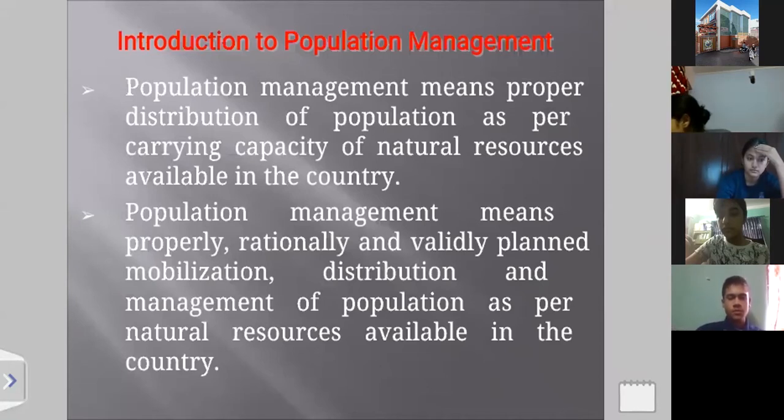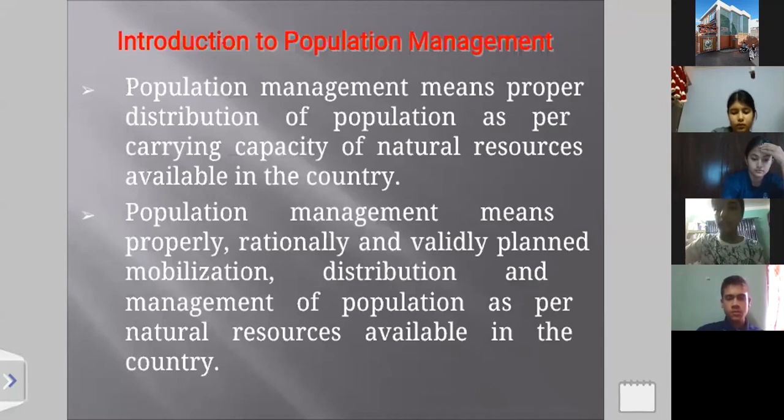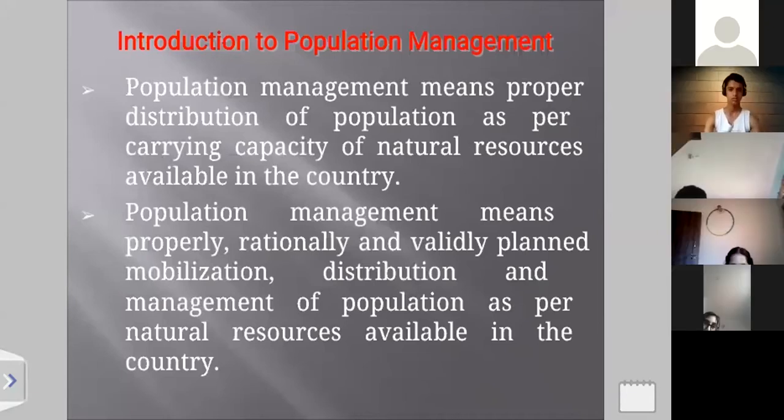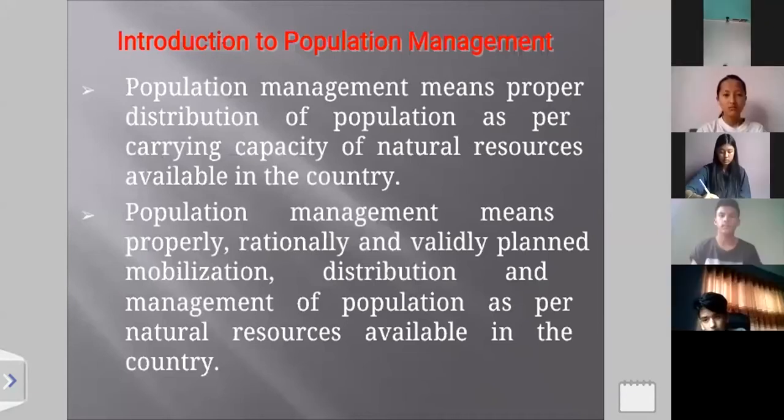So different scholars, different economists, different professors, different people have defined the definition in their own way, because the views, opinions, and thoughts are not the same among the different professors, scholars, and economists, right? So we can define the definition in different ways, but the definition must be meaningful.